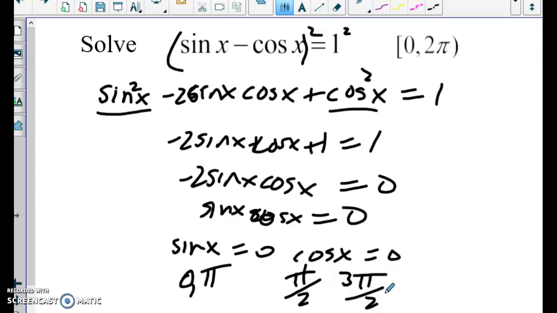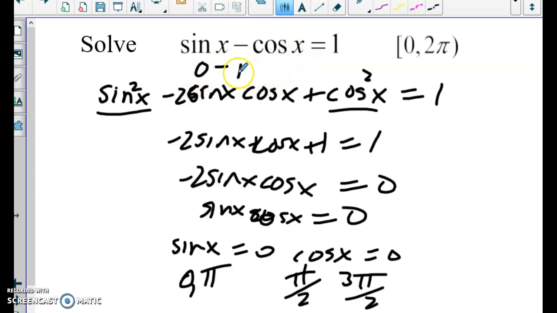But wait, we're not done. We know that when we squared both sides up here, we're probably introducing extraneous roots. So we have to go back and look. What is the sine of 0? Sine of 0 is 0. The cosine at 0 is 1.